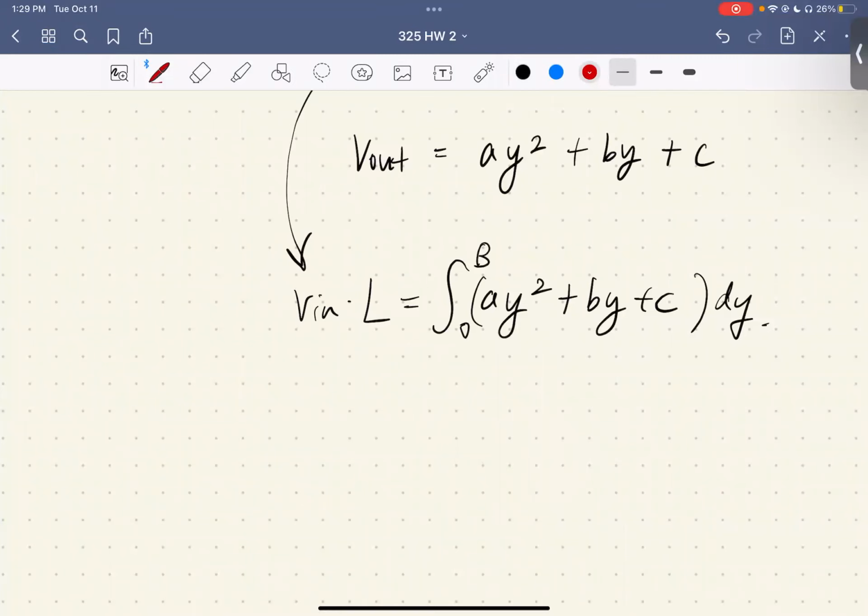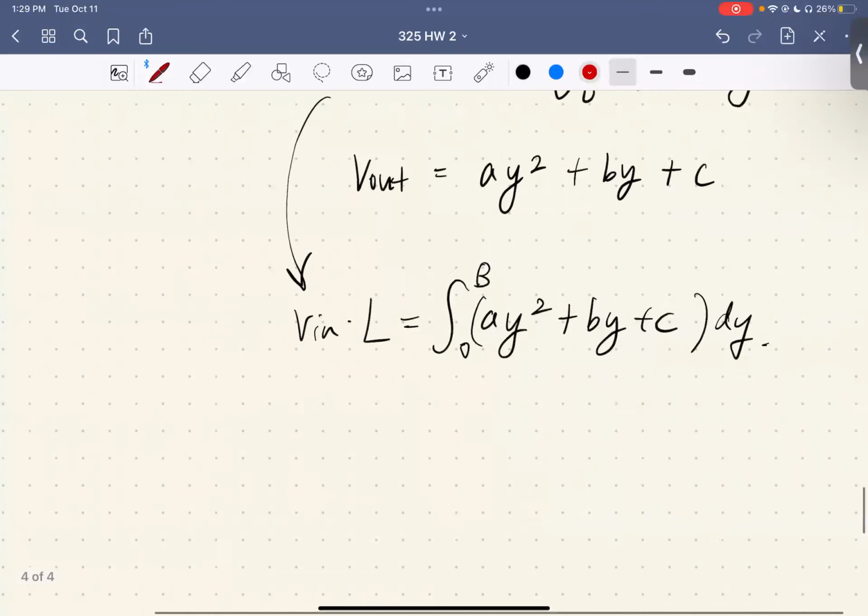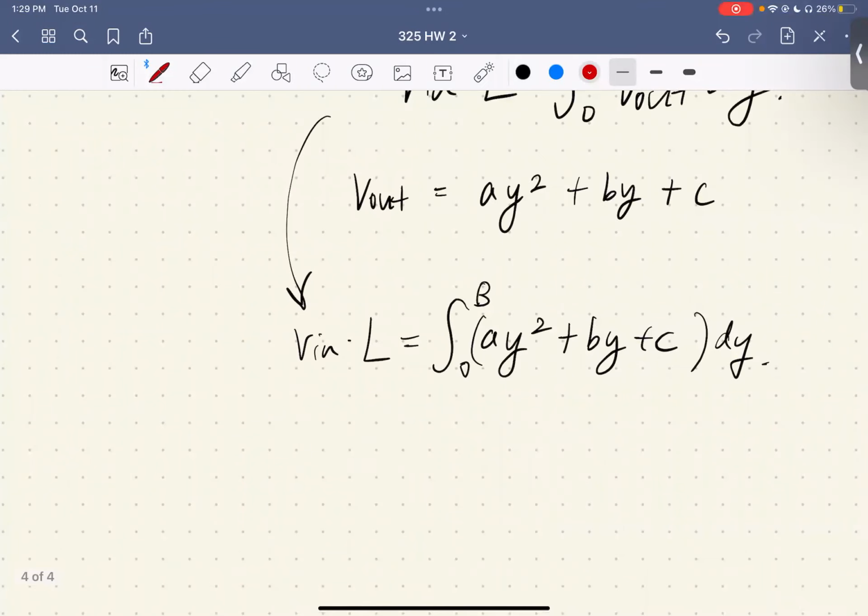So then the goal after this would be to figure out what v out is, right? Once you plug in this, you will be able to actually figure out the coefficients for a and b. So you're just going to work through this integral, and then you're going to use your coefficient.